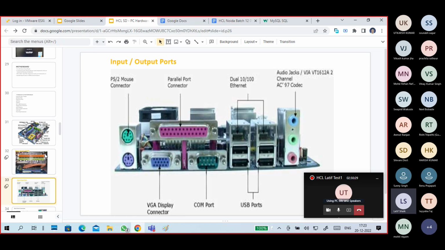A COM port is there. USB ports are there. The black USB means it is 2.0, and the blue one is 3.0. And the Ethernet port, RJ45 LAN port, is there. And audio connectors: one for mic, one for speaker, one for line in.